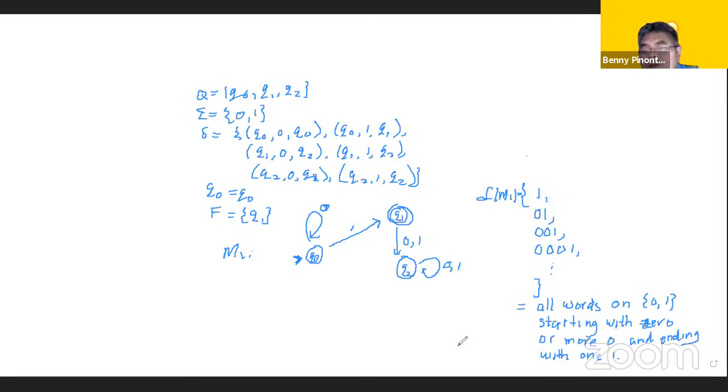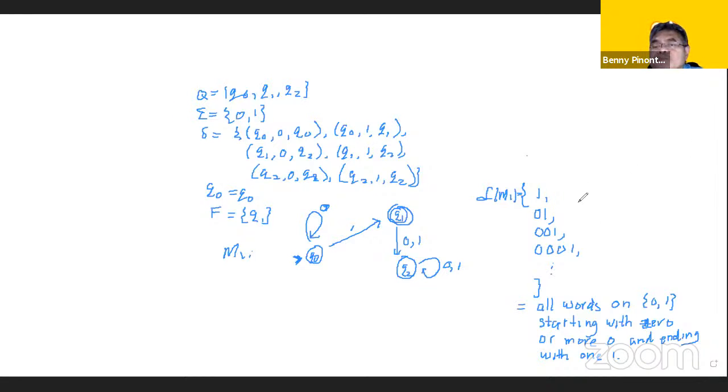That is all the words on 0 and 1 that start with 0 or more 0s. Yeah, 0 is the symbol and 0 or more is the quantity. And you end up with 1, for example, this one.